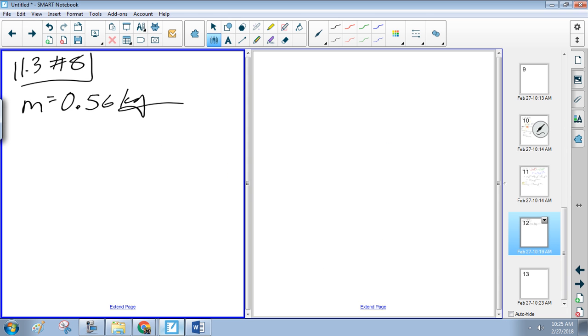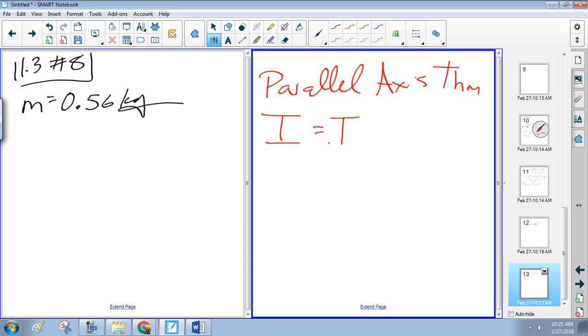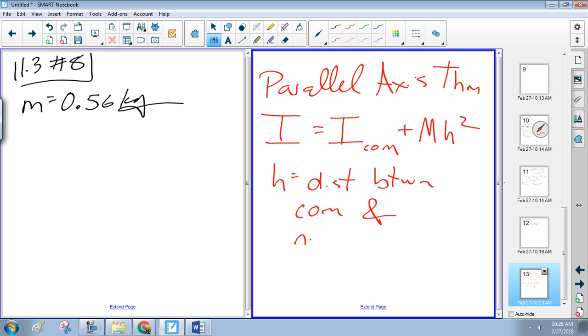So if you missed that in the notes, again, the parallel axis theorem says that the rotational inertia about some pivot point of any object is equal to the rotational inertia of that object about the center of mass plus mh squared, where h is the distance between your center of mass and your new pivot point.